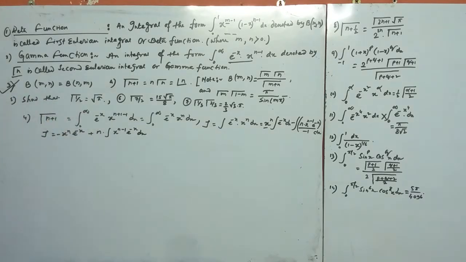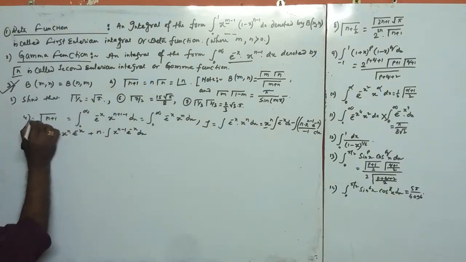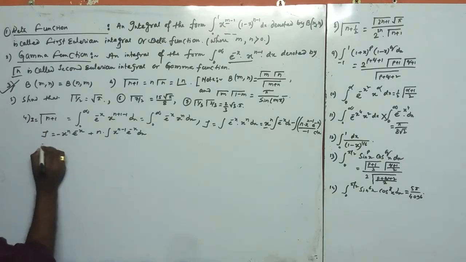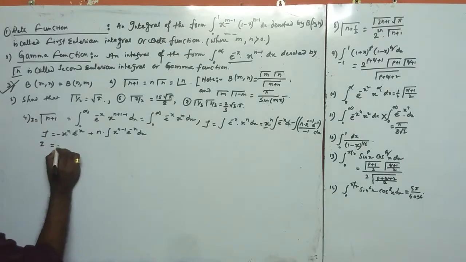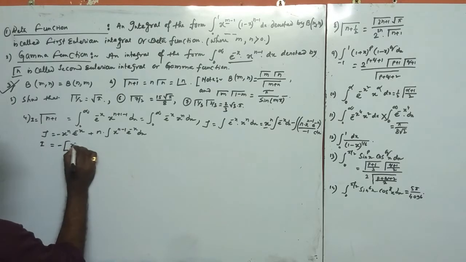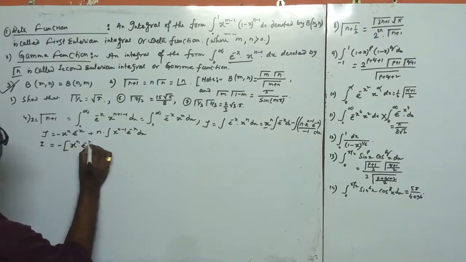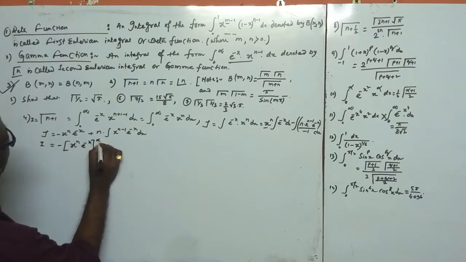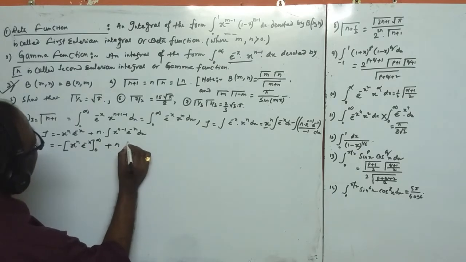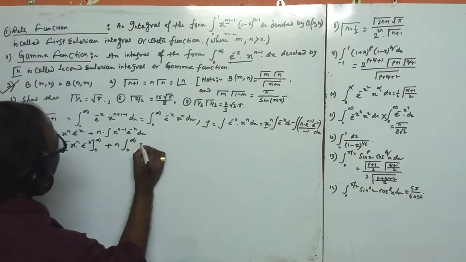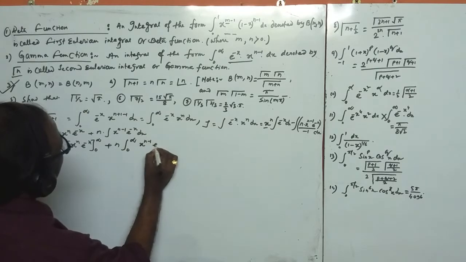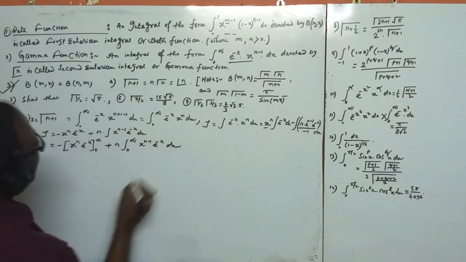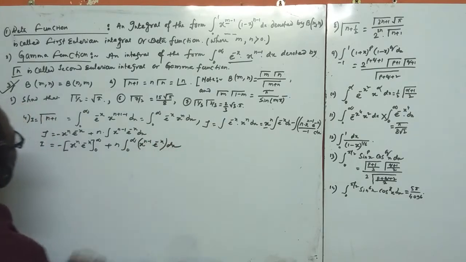Let us assume this is I, so we have to use the limit here. This is minus x to the power n e to the power minus x from 0 to infinity, plus n times the integral from 0 to infinity of x to the power n minus 1 e to the power minus x dx.